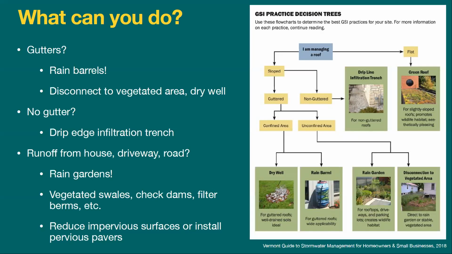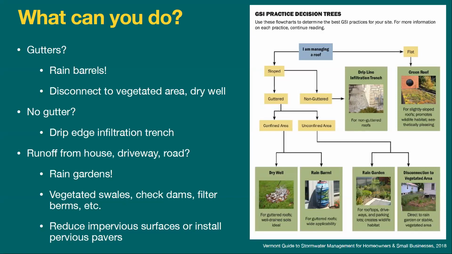And then for runoff from your house, your driveway, or your road, rain gardens are a great solution to capture runoff and let it spread out, be full of native plants, and soak into the ground. Vegetated swales are also a great way to do this, and they can be combined.